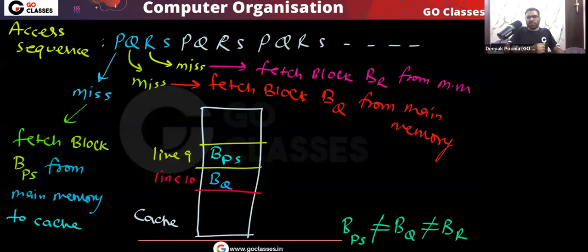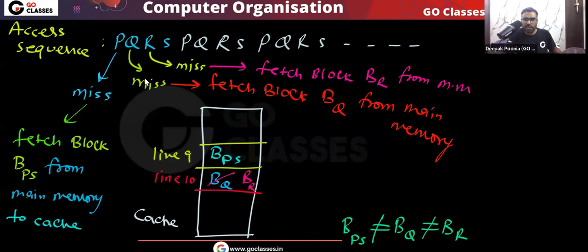So tell me where it will map to. In the direct mapped cache, every main memory block maps to a unique line. So this block containing R will actually replace the block containing Q. Yes or no?